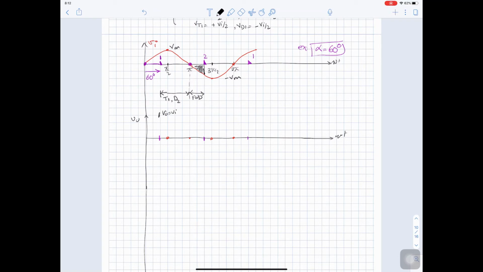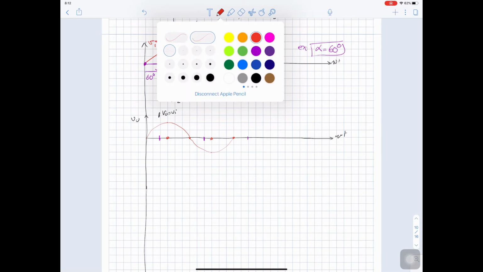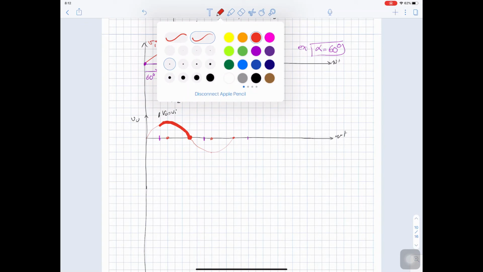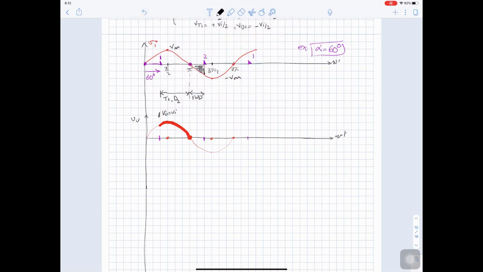So I will sketch my sine wave. Here is Vn. So V out equal Vn. We can see at this point V out start to be negative. When V out start to be negative, the freewheeling diode will conduct, making this voltage 0.